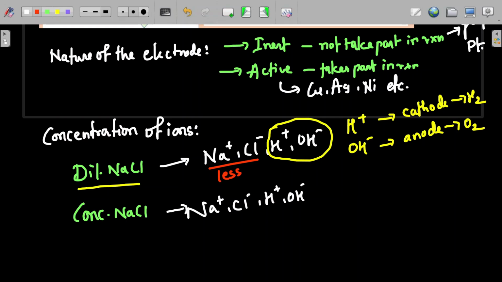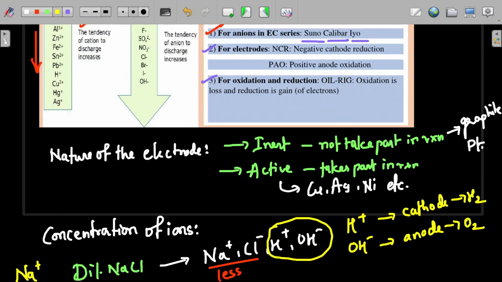But in the second case, when you take concentrated NaCl, solute particles will be more. The concentration of Na plus and Cl minus will be more. Now what we may think is that Na and Cl will get discharged respectively. No, that will not happen. Even though the concentration of Na plus is more, it is on the top of the list.